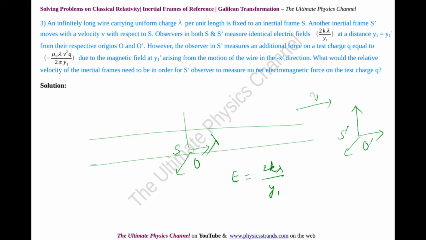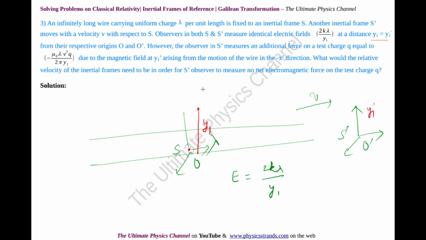So you have a situation where an electric field is measured at a point a distance y1 from the origin of this coordinate system. Similarly, for the other coordinate system, it is y1 prime from the origin, if you measure the electric field due to this wire. Here these two distances from their respective origins, O and O prime, are given as equal.